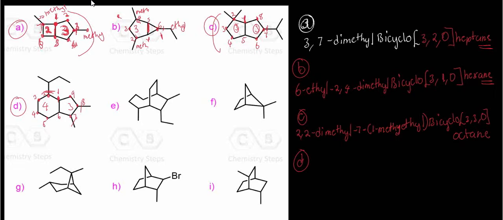So what is the name of this branch here? I'll cut this side, that is 1, 2, 3. So the name of this branch is, I can say that it's sec-butyl, or if I want, I can just say this is my 1-methylpropyl.